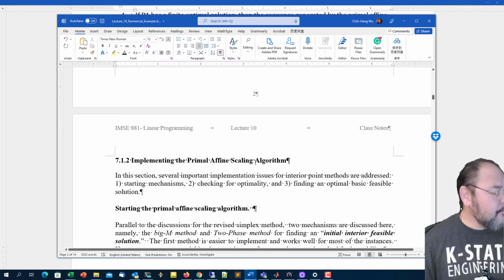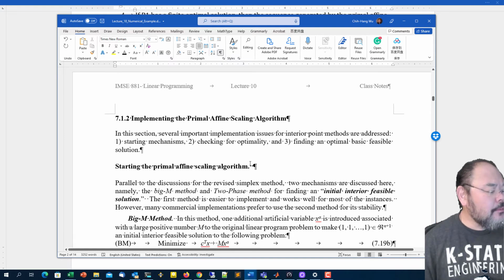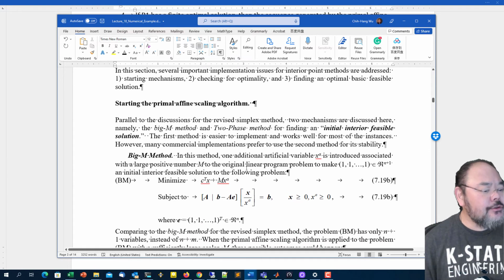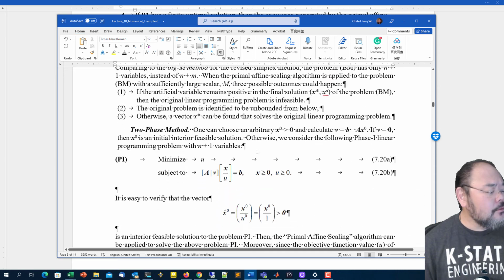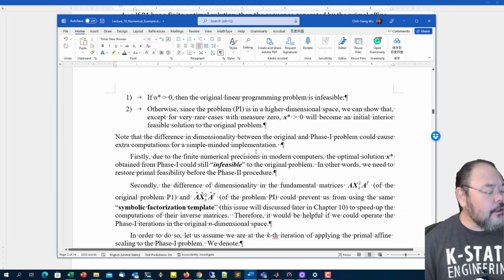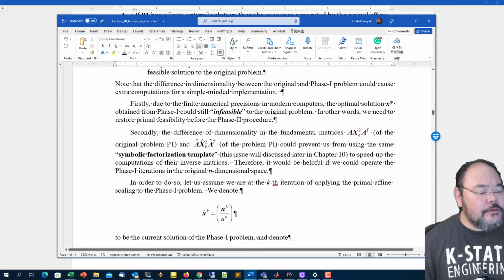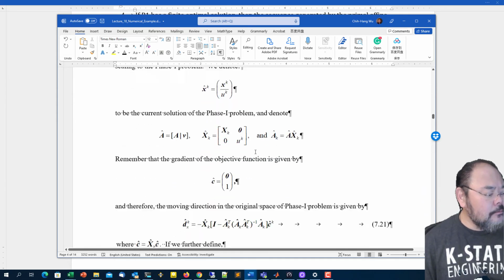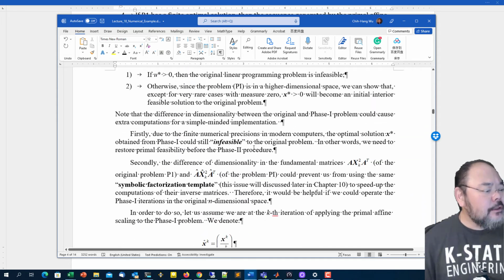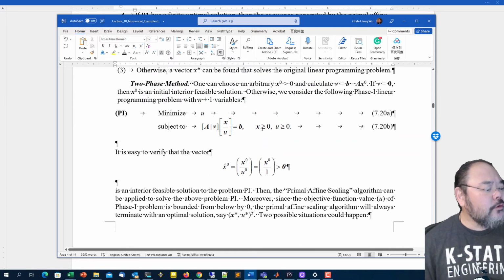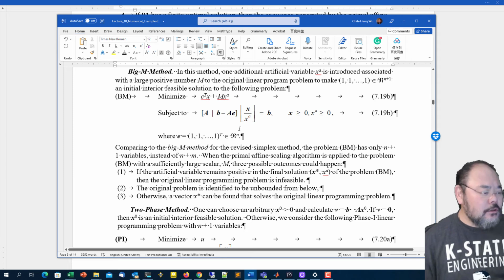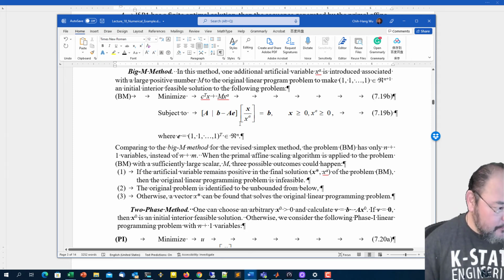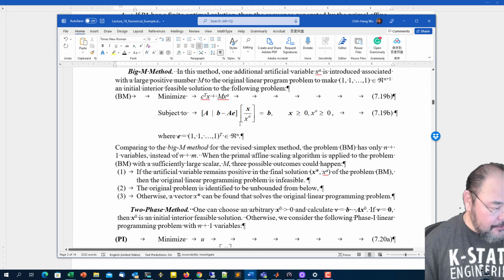And following this document, we talk about some of the implementation issues, how to get the initial feasible solution for our problem, either using the big M method or the two-phase method. I'm not going to go over this, and it is for your reading, because once we add more variables, either using two-phase or big M, adding artificial variables, we will increase the dimension of the problem.